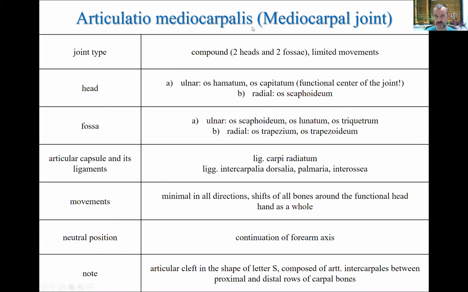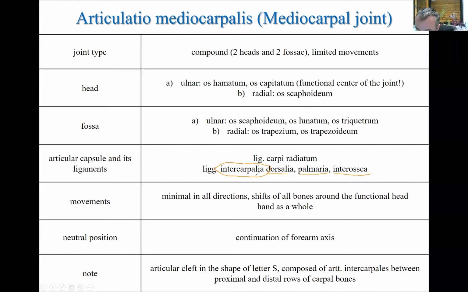What about the ligaments? Of course, we have ligaments from the dorsal side, from the palmar side, and even between bones, interosseous, and we call them intercarpal as they interconnect carpal bones.